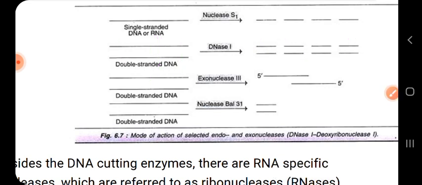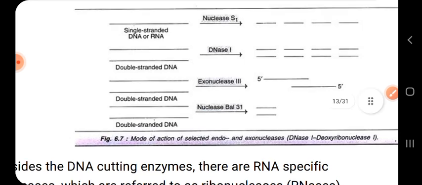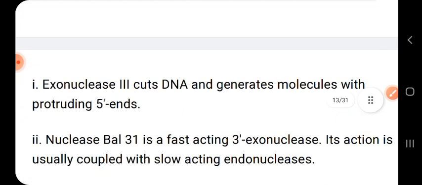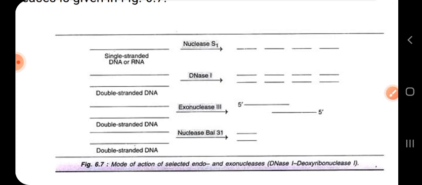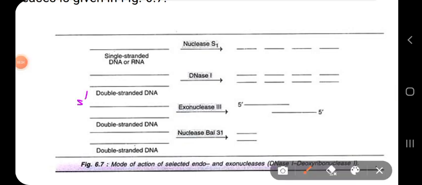Then comes exonuclease 3. As the name suggests, exonuclease 3 cleaves the DNA at the terminal ends. Exonuclease 3 cuts the DNA and generates molecules with protruding 5 prime ends. That means the 5 prime ends will be overhanging. So you can see, if this is the 5 prime, this is the 3 prime. I think you can understand.